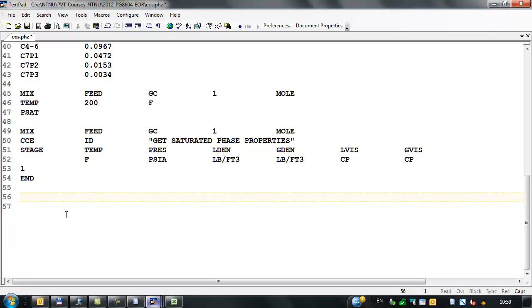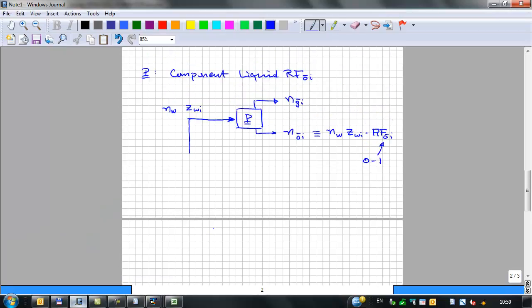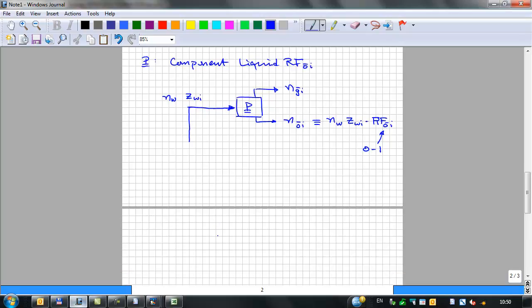Okay. Okay. Well, if we get the let's see. So the question is how to get the gas-oil ratio from this.